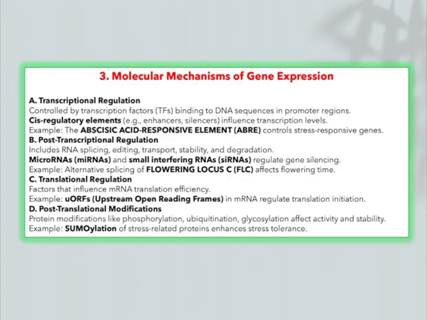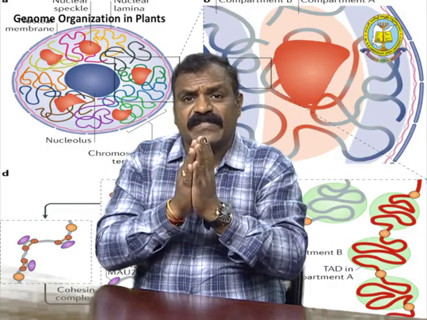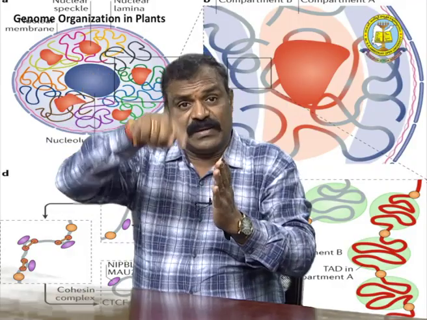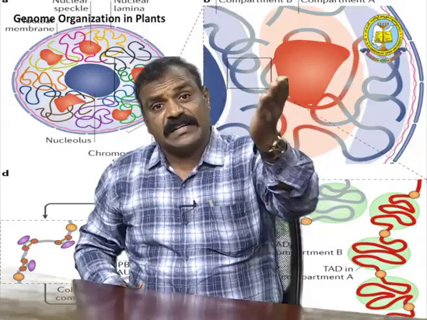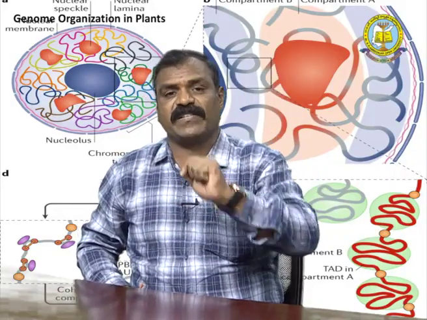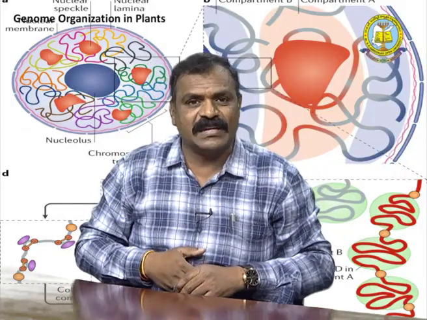Then the molecular mechanism of gene expression. After the structural and functional aspects, now we are going to discuss the molecular level mechanism of gene expression. Here we will discuss transcriptional regulation. In transcriptional regulation, there is the binding of DNA sequences, promoter regions, and cis regulatory elements, such as the abscisic acid responsive events that we call ABRE.